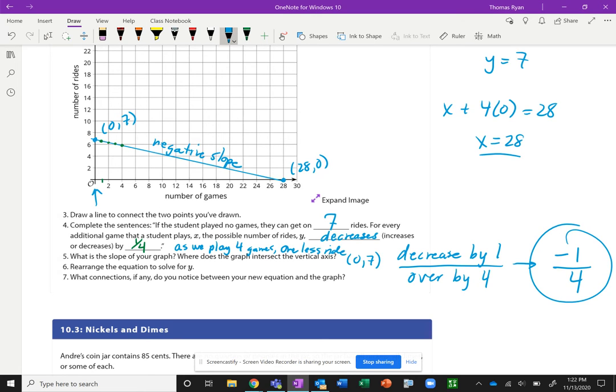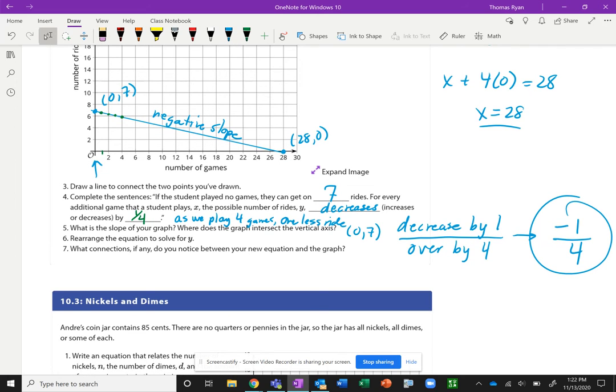We already found that. So same thing, we'll solve for y. We're going to have x plus 4y equals 28. We need to subtract x. So we get 4y equals 28 minus x. And we have to divide every piece by 4. So y equals 28 divided by 4 is 7 minus x over 4.